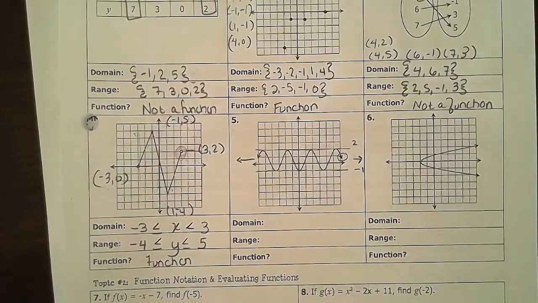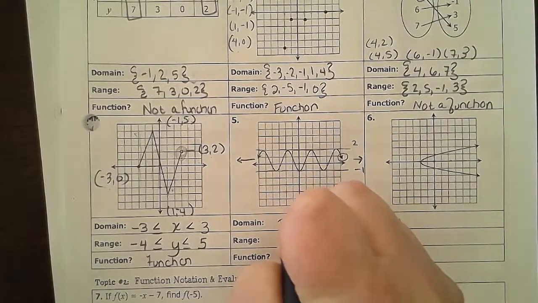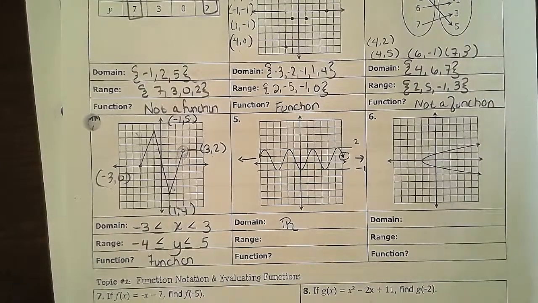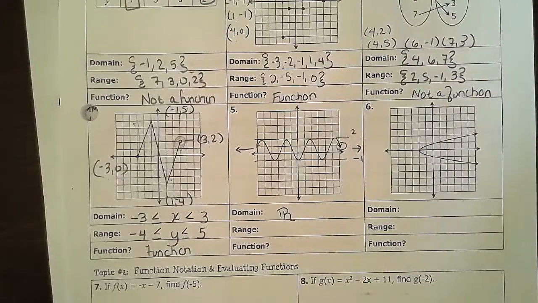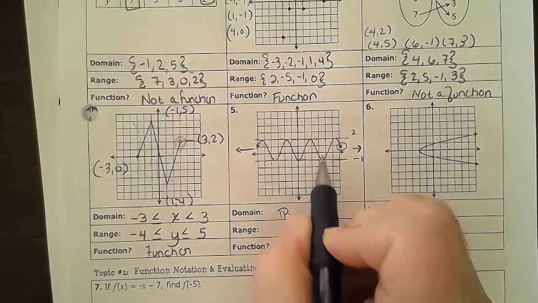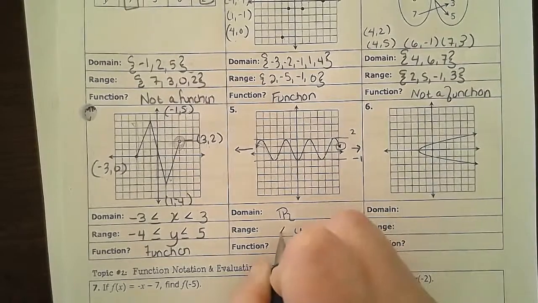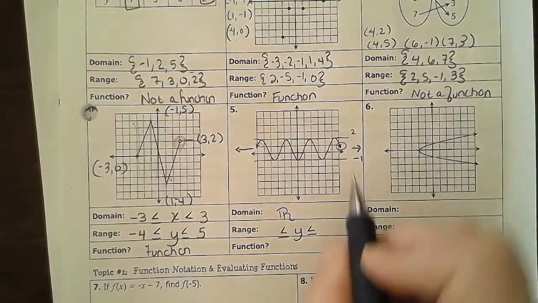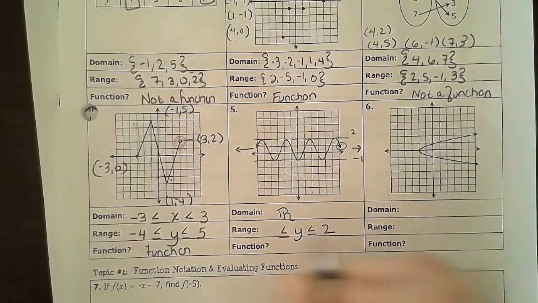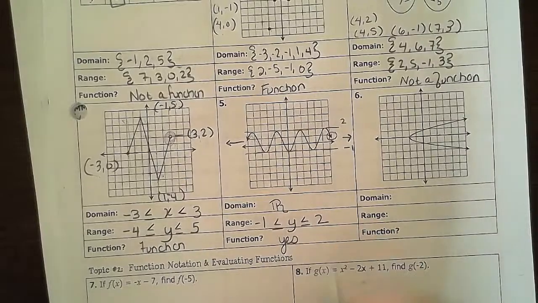So instead of saying that, we usually write down all real numbers, and this is the symbol for all real numbers. Now our range, this tells me it continues on this pattern. So remember, it has a high and a low value. The highest value is 2, and the lowest value is -1. And believe it or not, this is a function, okay?